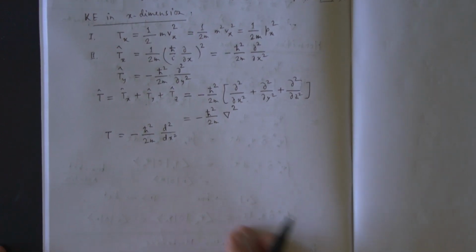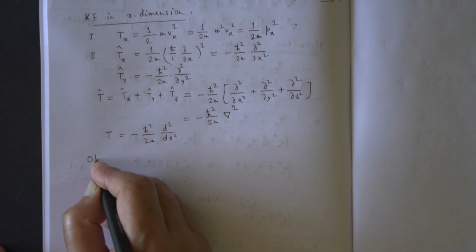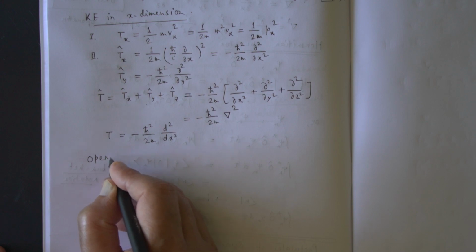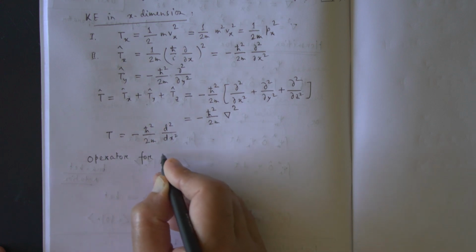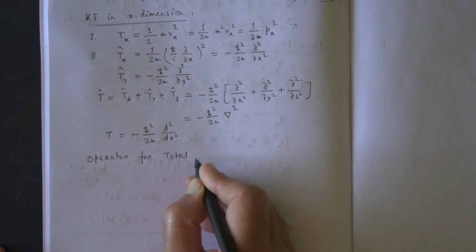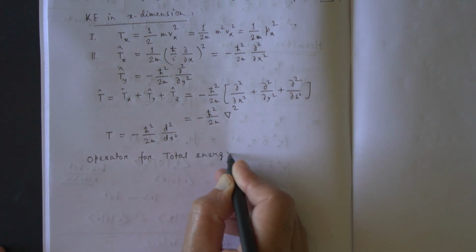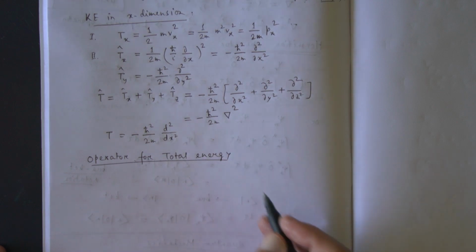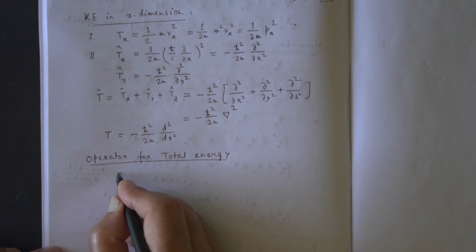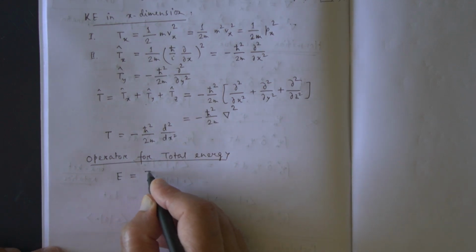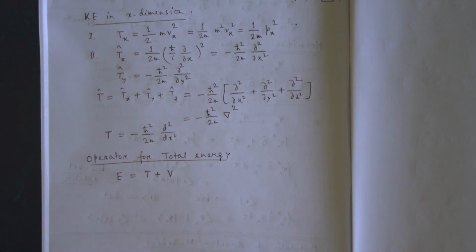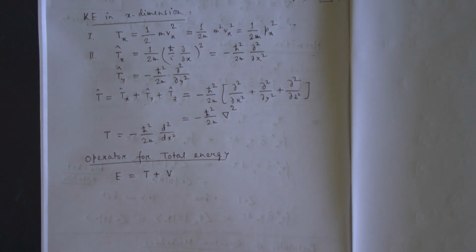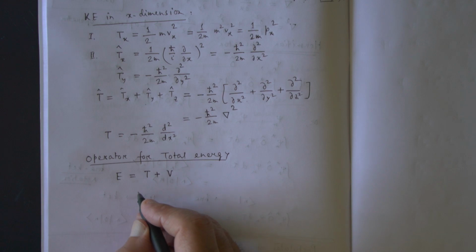Now let me see the operator for total energy. Total energy equals kinetic energy plus potential energy. So what will be the operator?